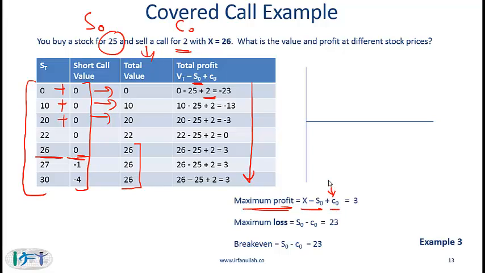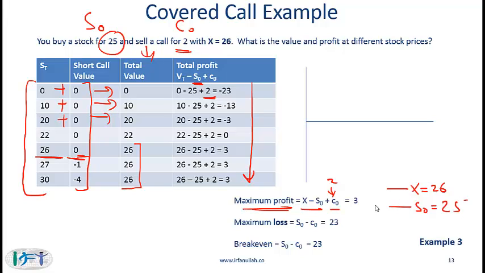This is 2 because you have sold the call option. Now here we have x minus S0. The way you can think about it is that x is equal to 26, S0 is equal to 25. This is how much you buy the stock for.